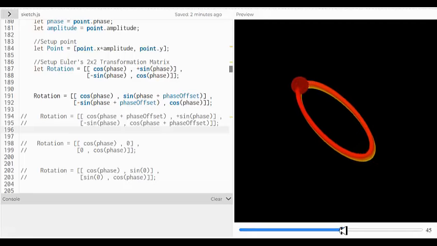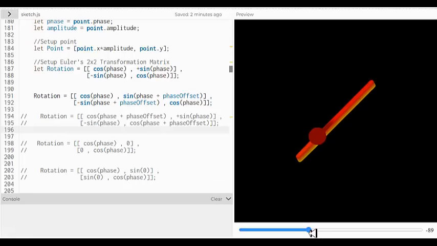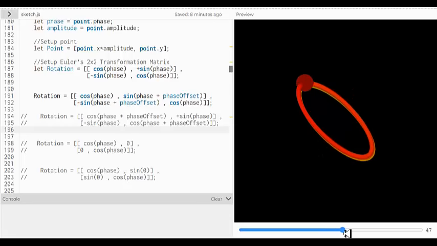Now if I go to the other side, to minus 90, you're going to see the linear polarization in the opposite direction. The main thing to notice here is that something special happens at minus 90 and 90.